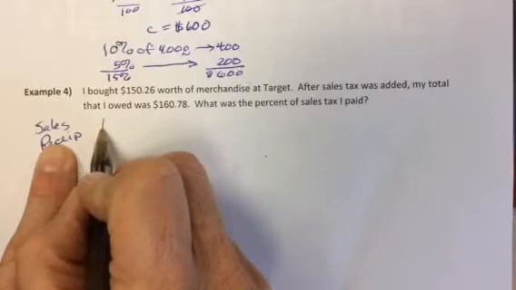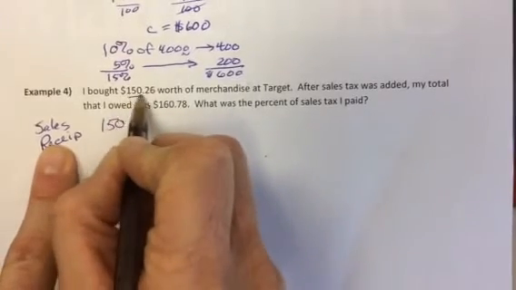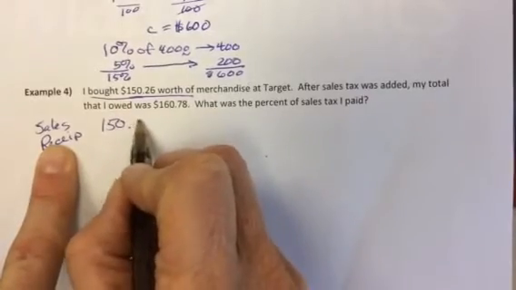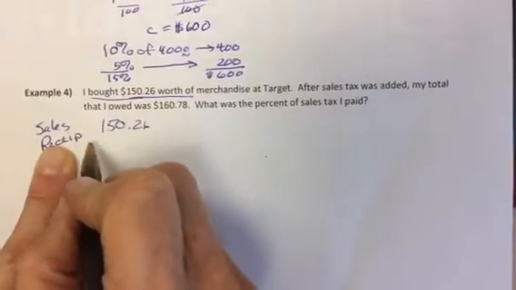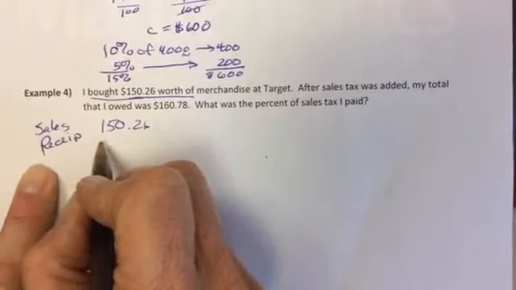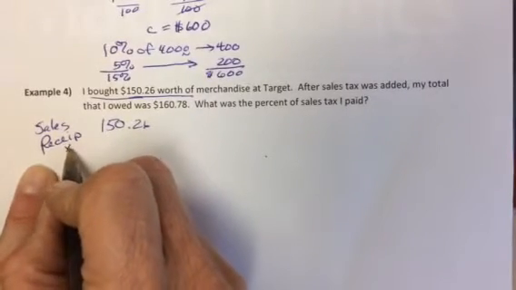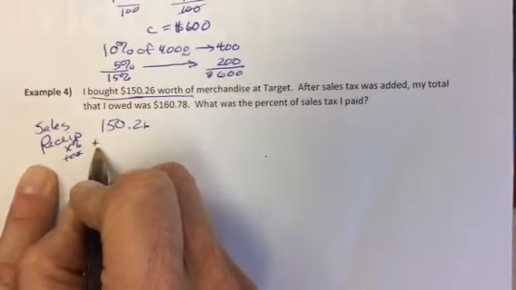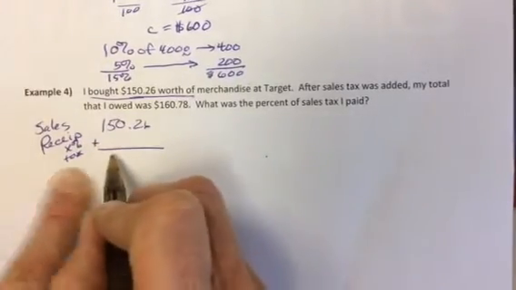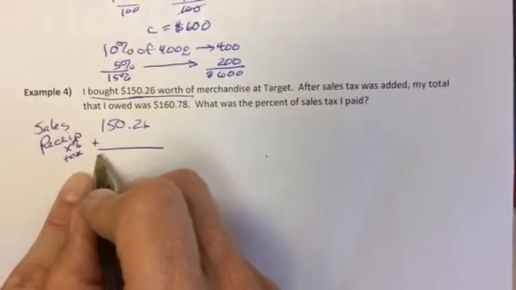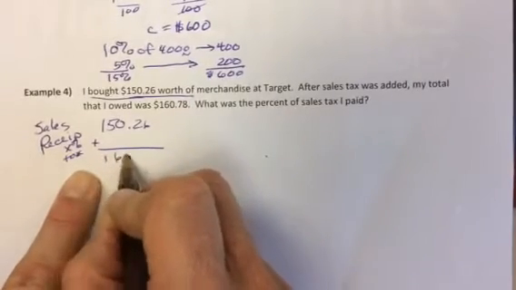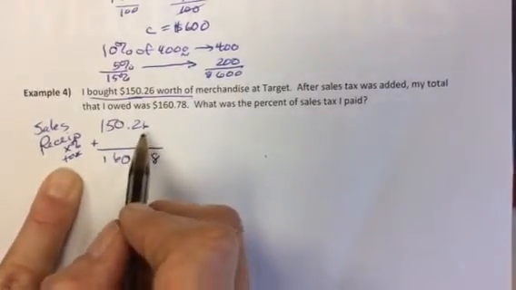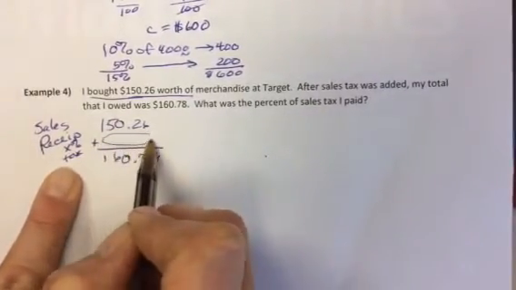They would give you a total of $150.26, how much you bought, and then they would figure out the sales tax. So they'd say X% of tax, and they would add it on here, and that would give the total bill, which in this case is $160.78.